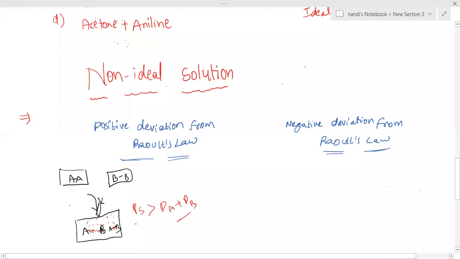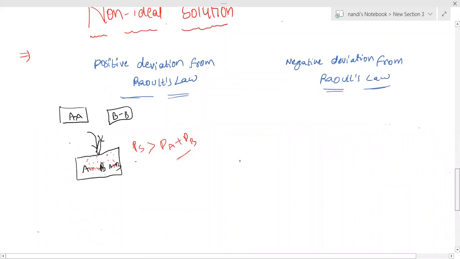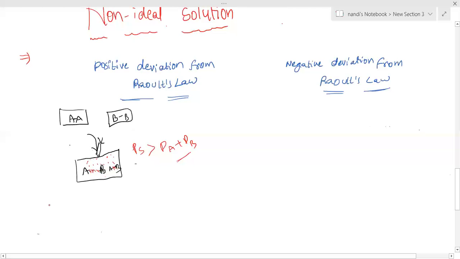So is it weak attractions or strong attractions here? AA and BB attractions are stronger than AB attractions, right?